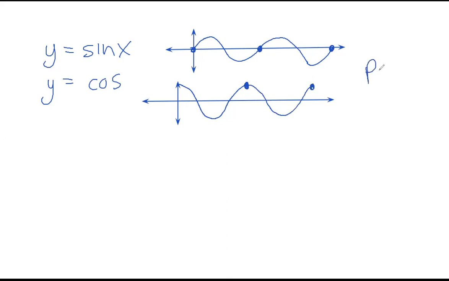For both of those, the period is 2 pi, or if you're doing it in degrees, it's 360. So when we graph one of these, I'll just do a couple of examples here. Say we're graphing y equals 3 sine of, well, there's a couple of very slightly different ways that these could be written out.